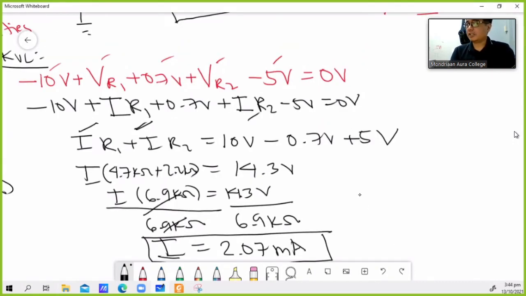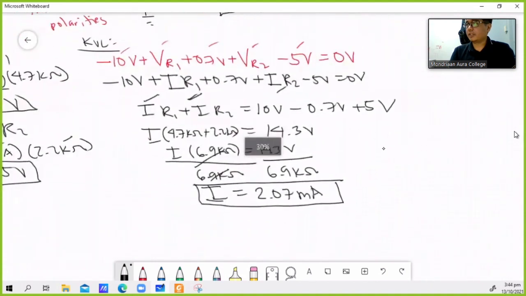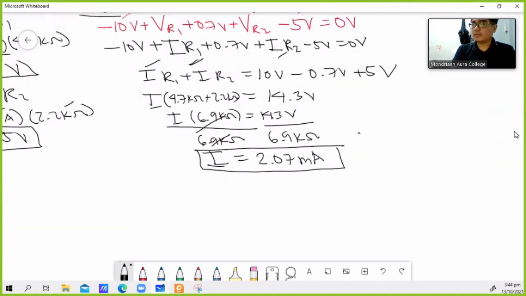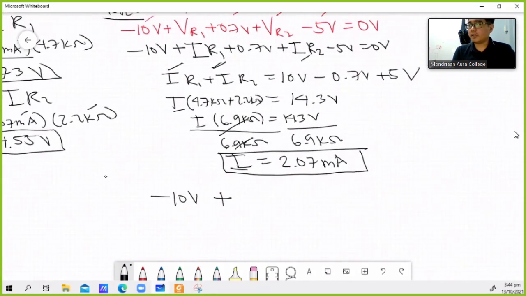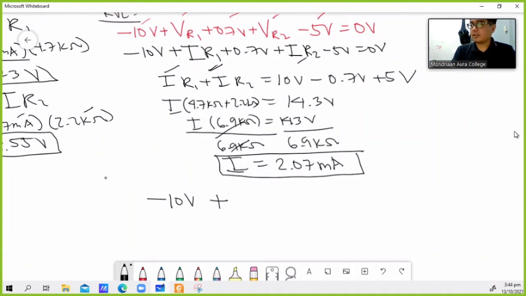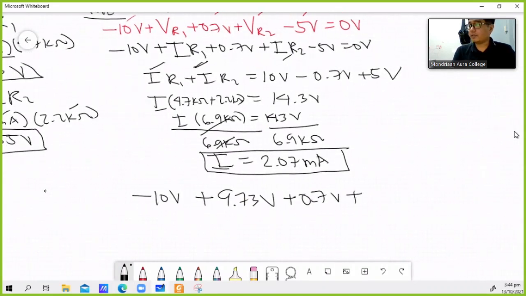Litan natin konti. Isulat natin KVL. Negative 10 volts plus, ano yung VR1 natin? VR1 is equal to 9.73 volts, plus 0.7 volts, plus 4.55 volts, minus 5 volts is equal to 0.